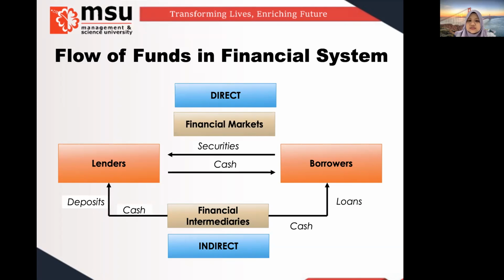Securities means the financial instruments that they are trading. It can be warrants, it can be derivatives, it can be many things, depending on what financial markets they are entering. So that's how the flow of funds works in the financial system.